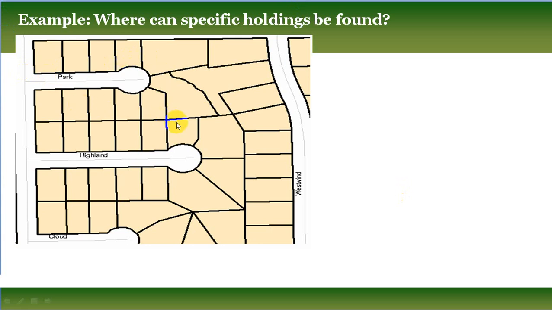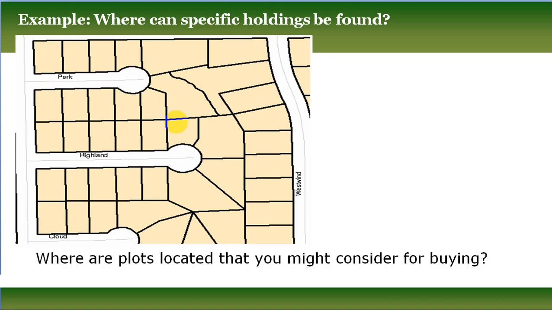But when you want to buy a particular holding, you have certain conditions. I mean, you have a budget, you have certain choices. Now you provide the GIS software certain conditions, and based on these conditions you want to buy certain plots or holdings.